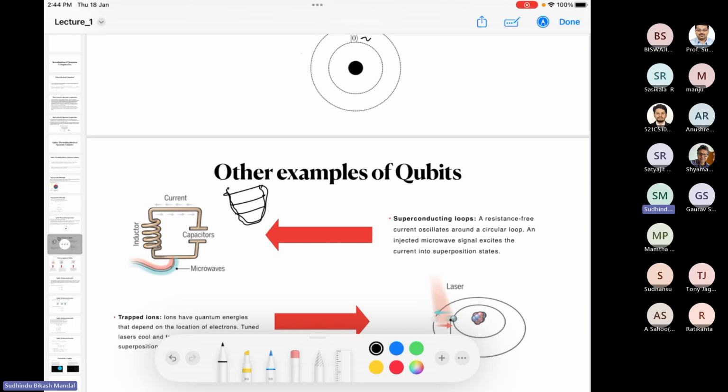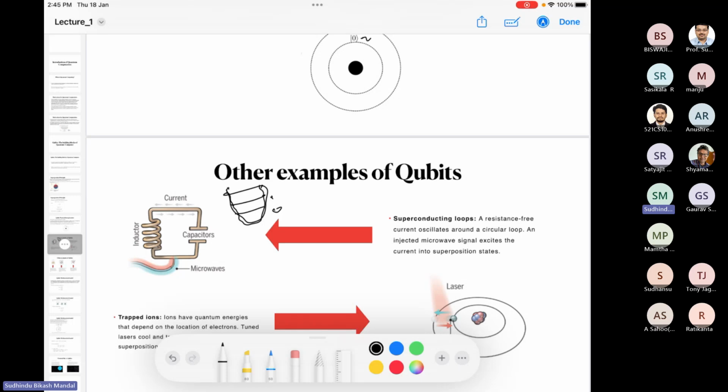So it is difficult to isolate an atom or separate the states. Suppose this is state 0 and this is state 1, but it is very difficult to distinguish them if every step is equally spaced. So it's very difficult to read out the 0 state from the 1 state.